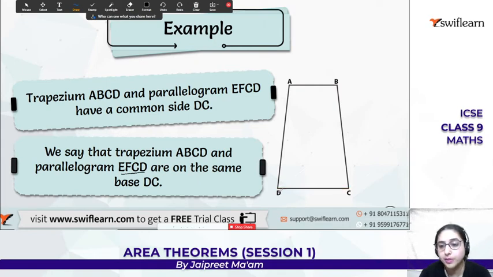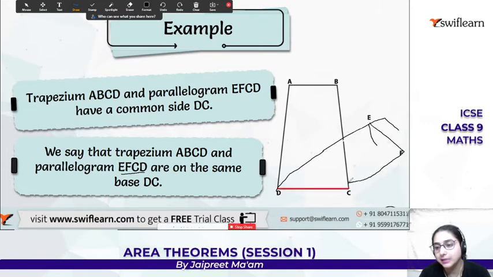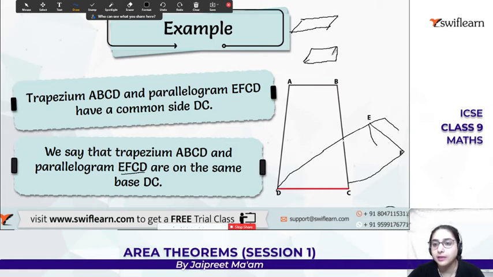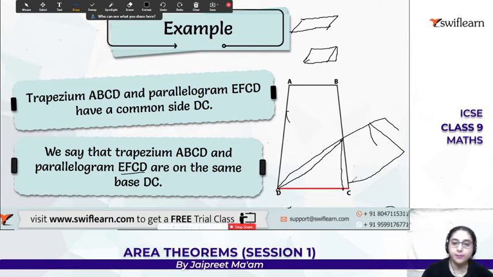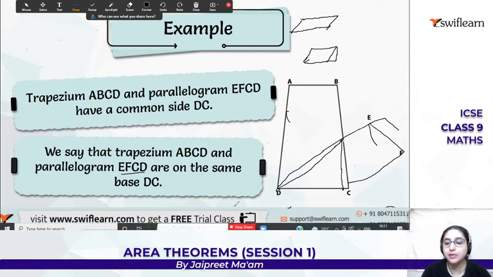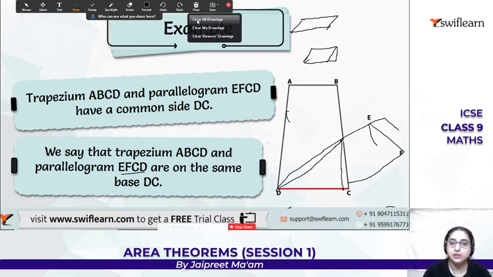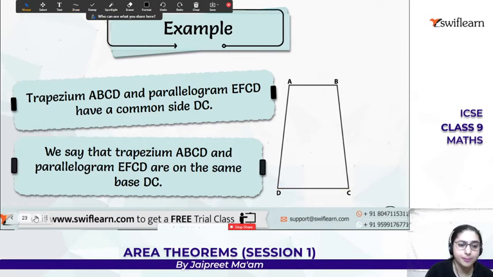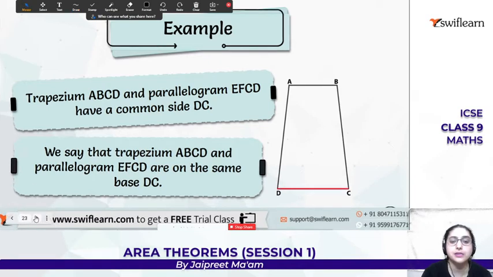Now how is a parallelogram formed? It's like a rectangle with slightly slanting sides, like this. The trapezium and the parallelogram are on the same base, and the base here is the same, that is DC.